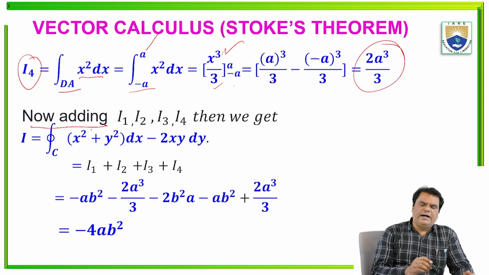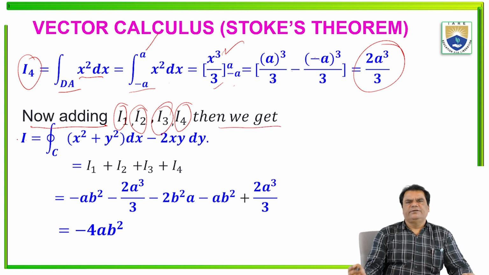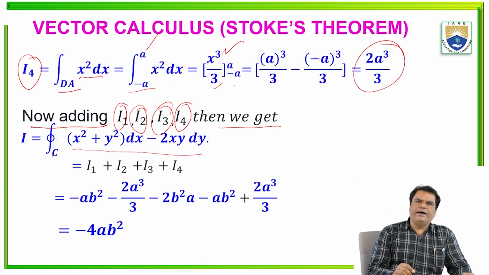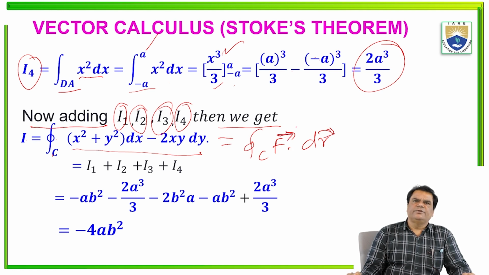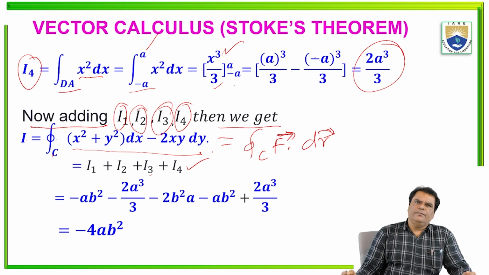Now adding all the integrals, I1, I2, I3 and I4, we get I, the total integral over C of F dot dr. So this equals I1 plus I2 plus I3 plus I4. The value of I1 is minus ab square.